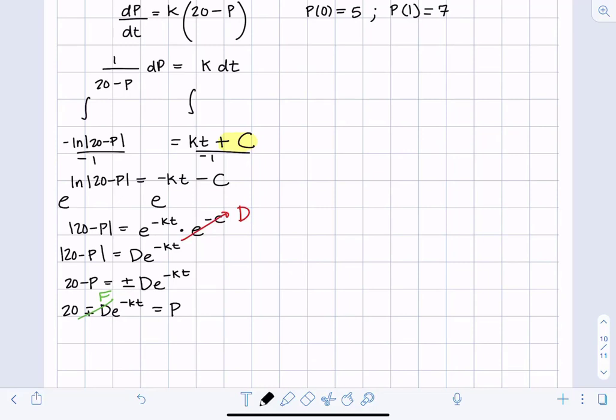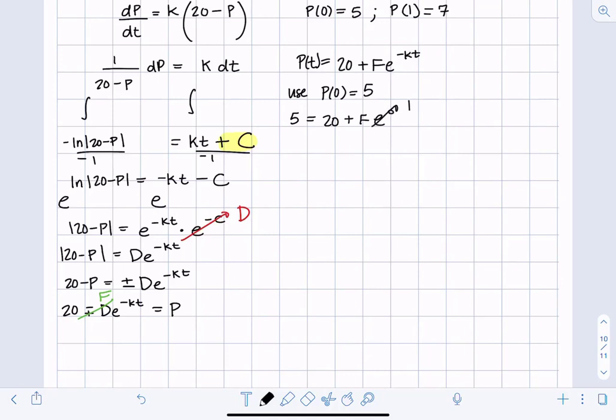So keeping in mind that our p of t is 20 plus f e to the negative kt, we'll use the initial condition, and we'll get that 5 should be equal to 20 plus f e to the 0, which would be 1.